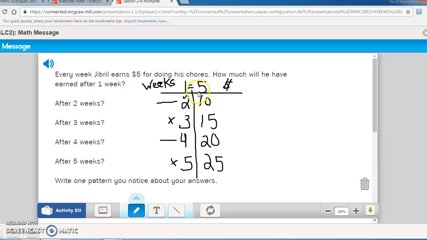I also noticed that whenever I multiplied the first number, the number 1, I could just multiply every week after that times the amount I was paid per week to get my answer. And on this side, I noticed that when this went up by 1, this continued to go up by 5.